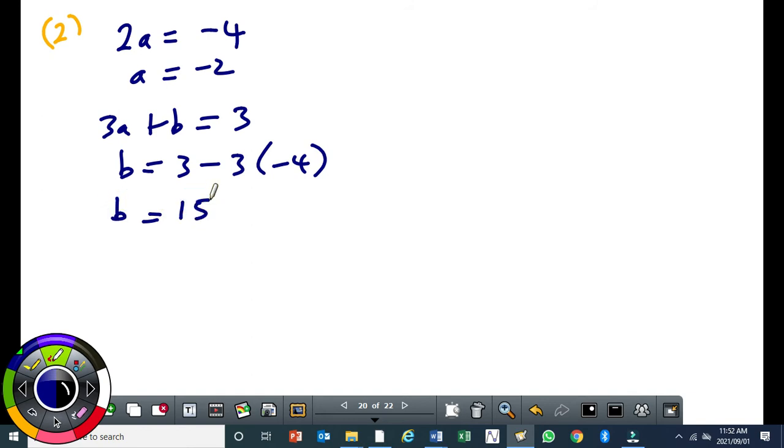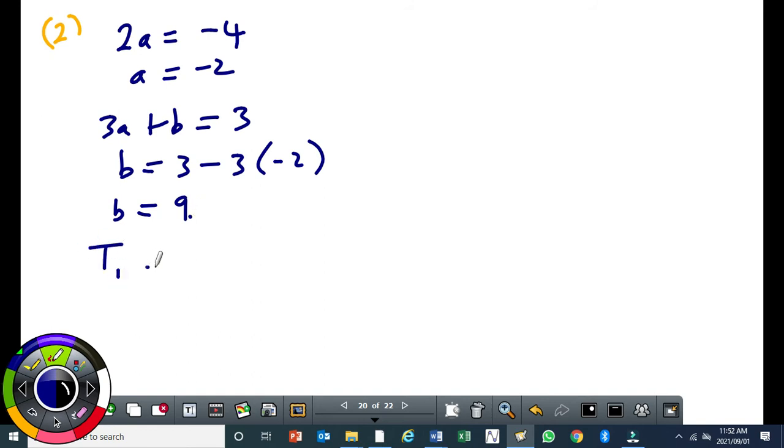If you did the question, you must check that. Right? If you take the 3A to the other side, because A is supposed to be negative 2, minus 2 times minus 3 gives you a positive 6. Positive 6 plus 3 gives you what? B equal to 9.